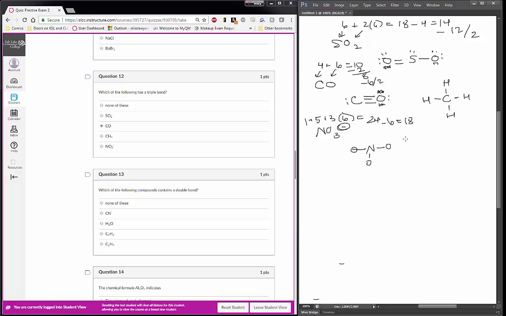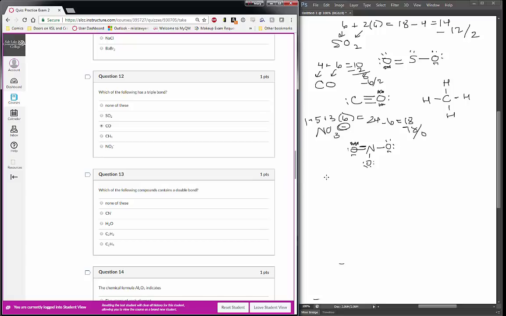I have 18 remaining. 2, 4, 6 on that oxygen. 2, 4, 6 on that oxygen. 2, 4, 6 on that oxygen. And now I've used 18 and I have none remaining. So 2 of those electrons will have to be moved to the space between the oxygen and the nitrogen so the nitrogen can be full. And now we have nitrogen has 2 single bonds and a double bond, but no triple bonds. So the CO is definitely the right answer.